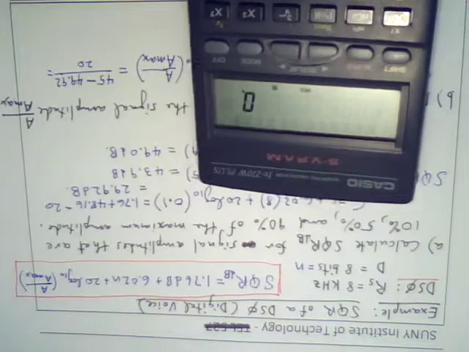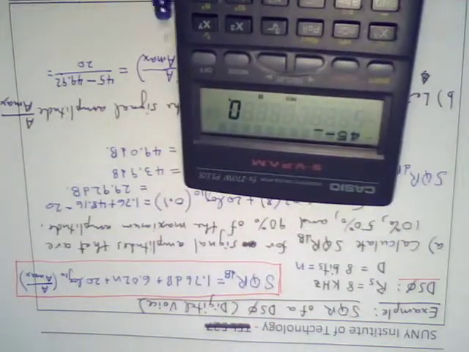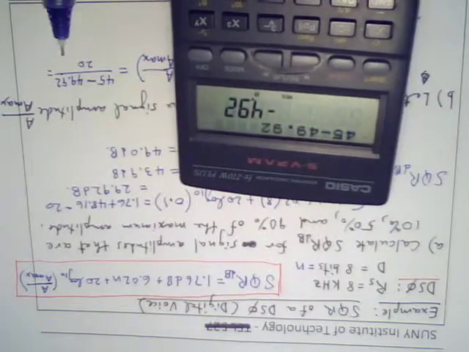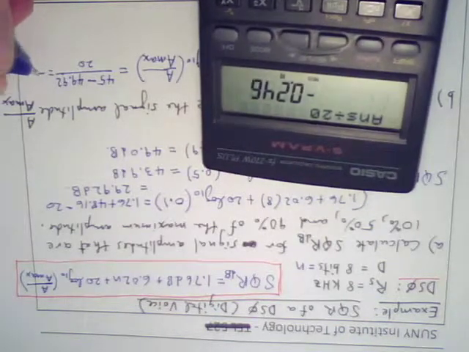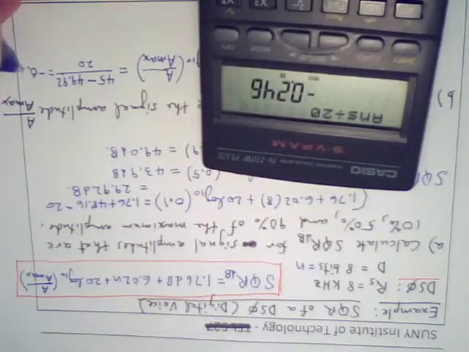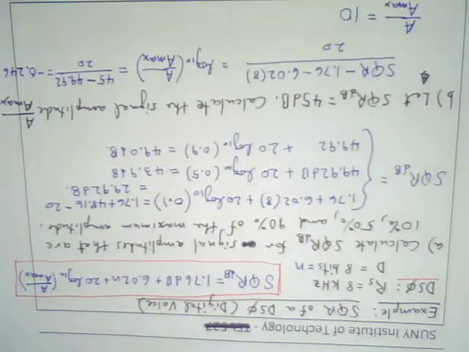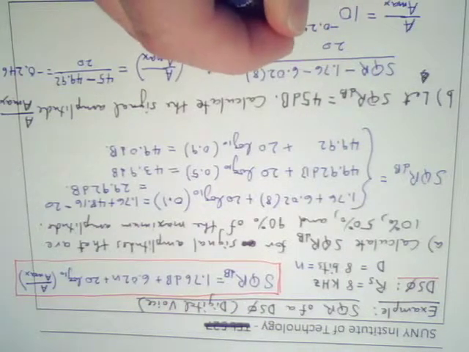I'll go ahead and do it. 45 minus 49.92 is equal to that, divided by 20 is equal to that. So this is negative 0.246. Okay? And so this is going to be 10 raised to the negative 0.246.